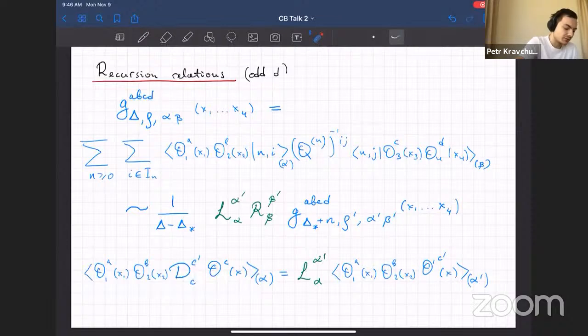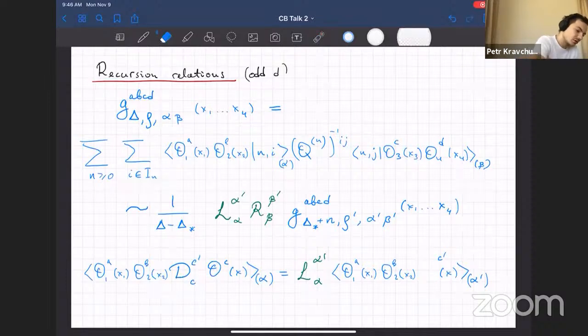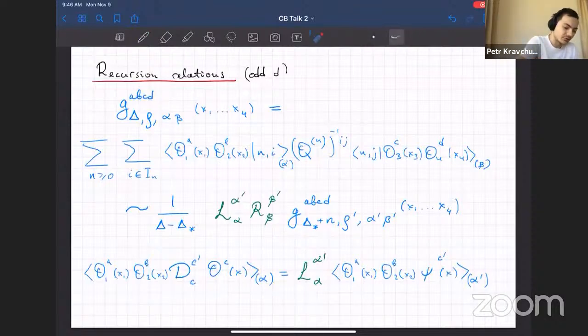you get something which again transforms like a 3-point function, because this operator is conformally invariant, but now there are new quantum numbers. Maybe I should have denoted this by psi. And because it transforms like a conformally invariant 3-point function with some new quantum numbers, you can expand it in the basis of tensor structures for these quantum numbers, and you'll get some expansion coefficients.